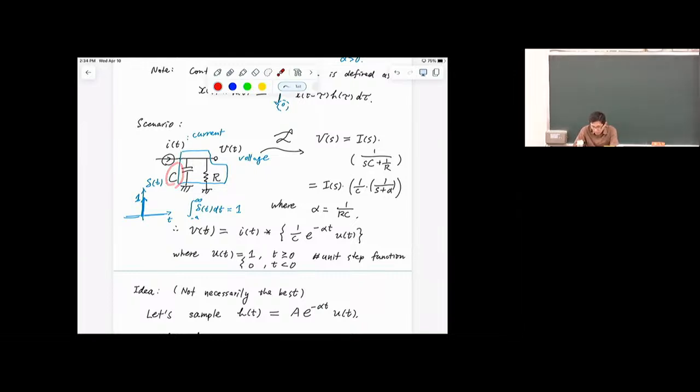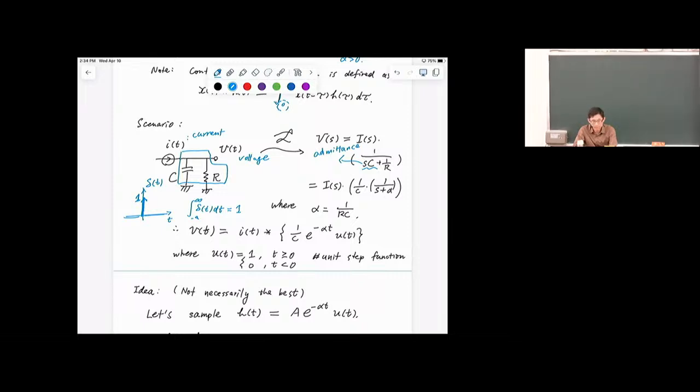For those of you that are familiar, we have a capacitor whose admittance in the Laplace domain is written as S times C. That's the admittance of a capacitor, equal to SC.